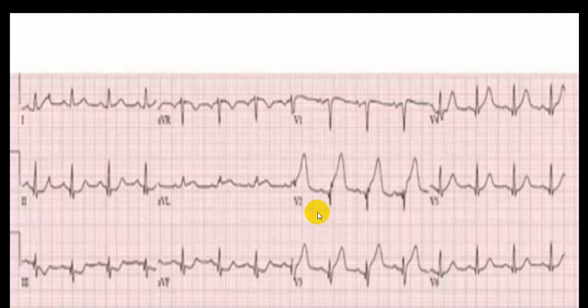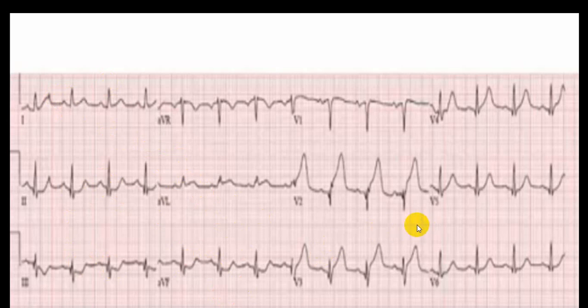Now this will be very important to differentiate STEMI and early repolarization. Here if you see, there are counter changes in lead 2, lead 3 and aVF, or we call reciprocal changes, and you have got an ST elevation in lead 1 and aVF. This is very significant and in favor of STEMI.